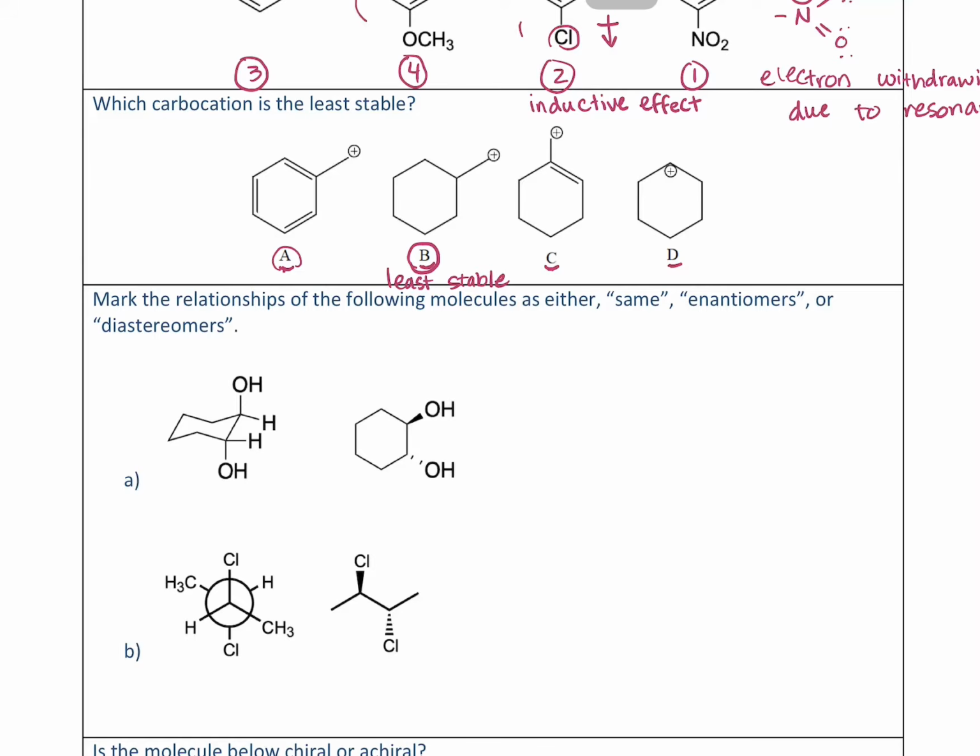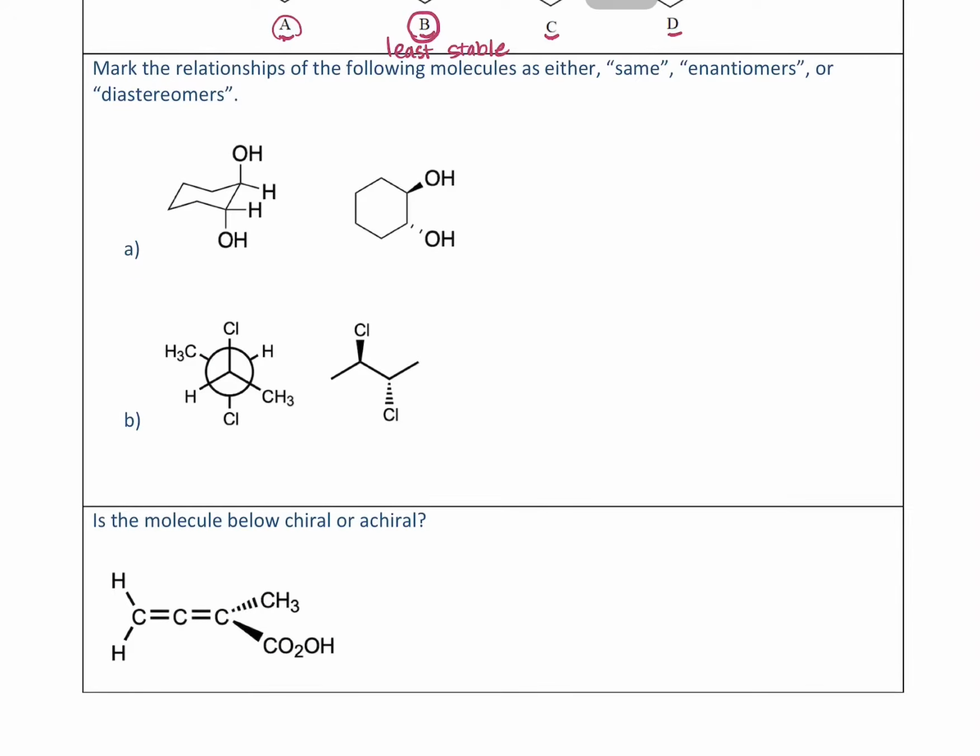So yeah. Moving on to the next question, we have mark the relationships of the following molecules as either same, enantiomers, or diastereomers. So what I would do for part A, I would just draw this molecule, the second one, in the chair conformation. And so here for this OH group, I'm just going to put it up similar to the OH group here because I want to compare.